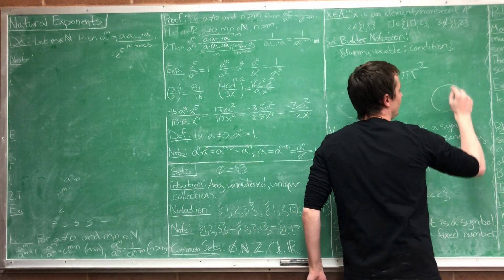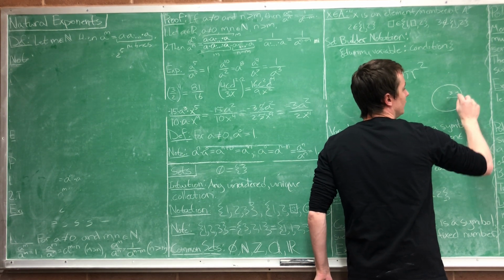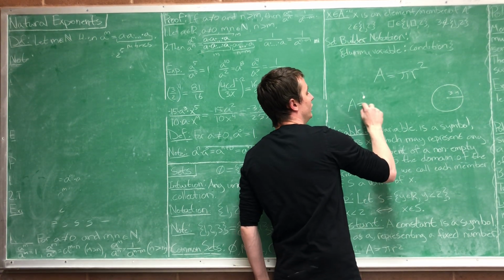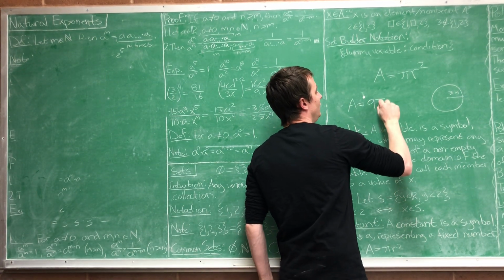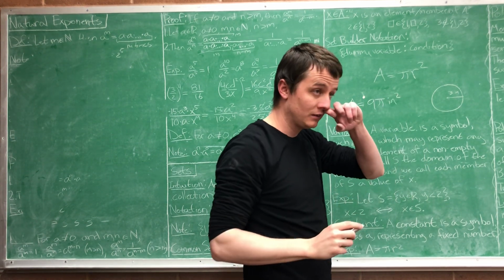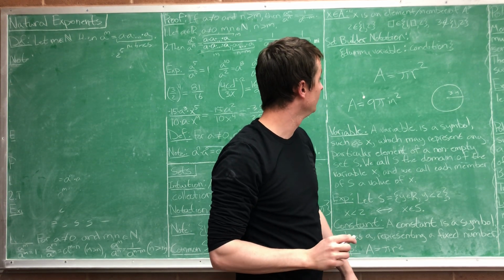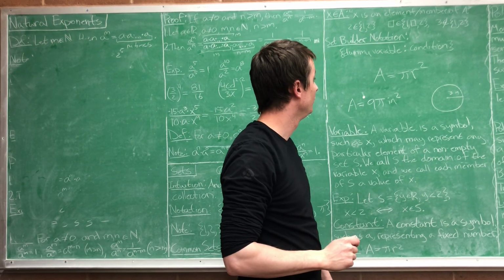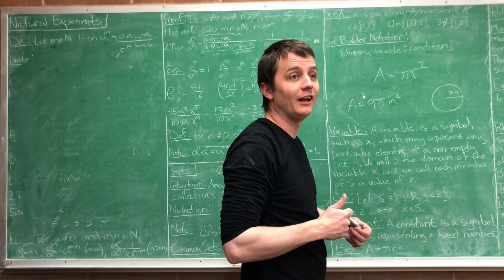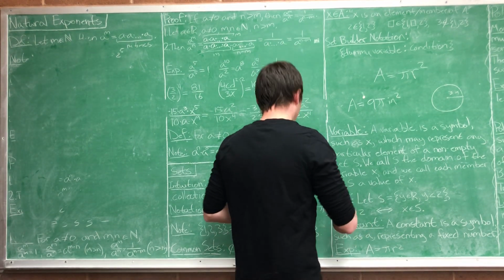So if I take some circle with a radius of 3 inches, then the area of the circle is going to be 9 pi inches squared. That's what it's saying. Which means pi and r are constants. And A is a constant. Which means all of them are constants. Everything's a constant?